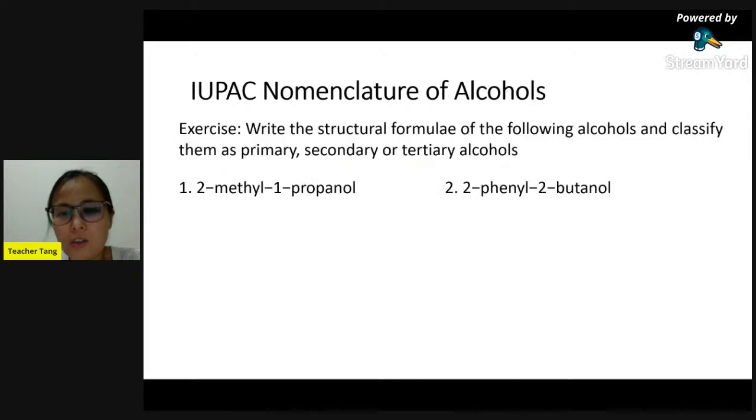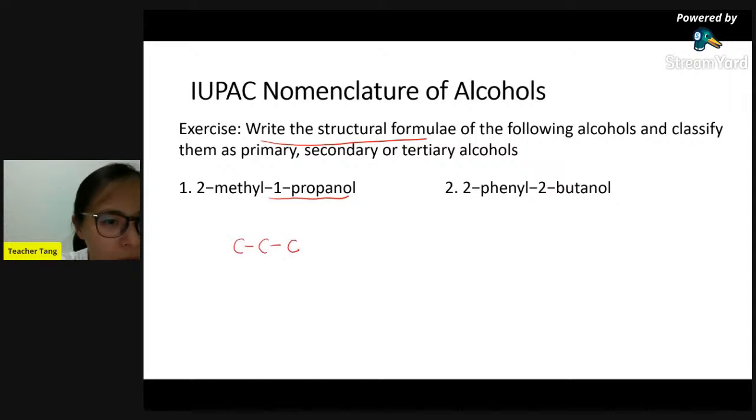Now we move on to look at, if given the name, how to draw the structure of the alcohol. I told you already, first draw the parent. So 1-propanol, 3 carbons, 1, 2, 3, with the hydroxyl group at carbon number 1.